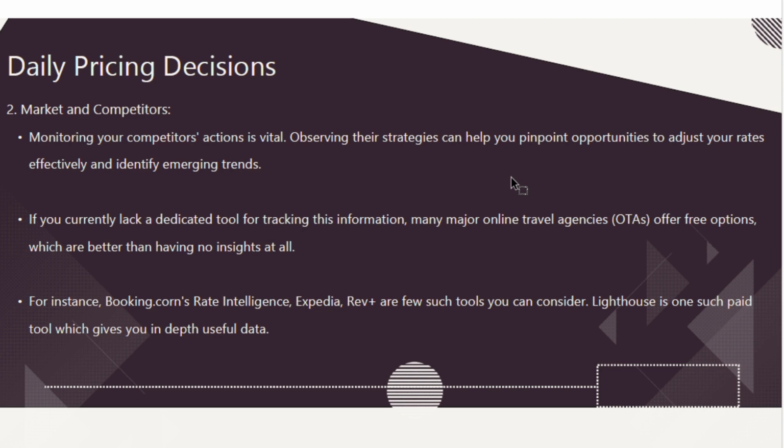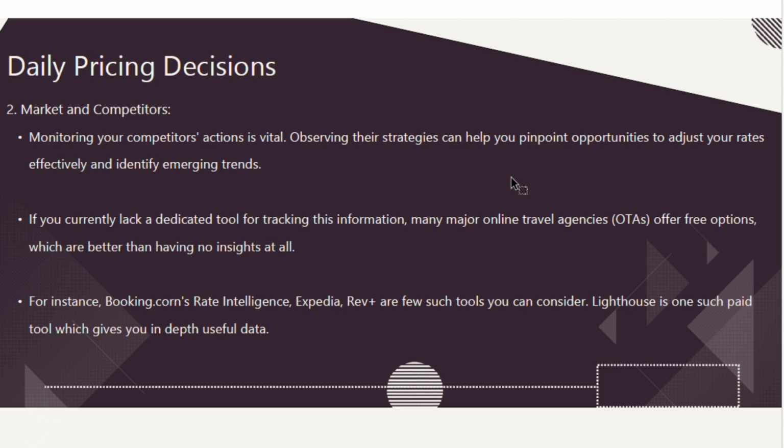So on Booking.com, when you log into your extranet, you'll see the Insights tab, and there you will be able to find booking pace and sales statistics. You can check the past few months and the next few months, based on different geographical locations, how many bookings you have received, what your top producing markets are, etc. Expedia also offers something similar.